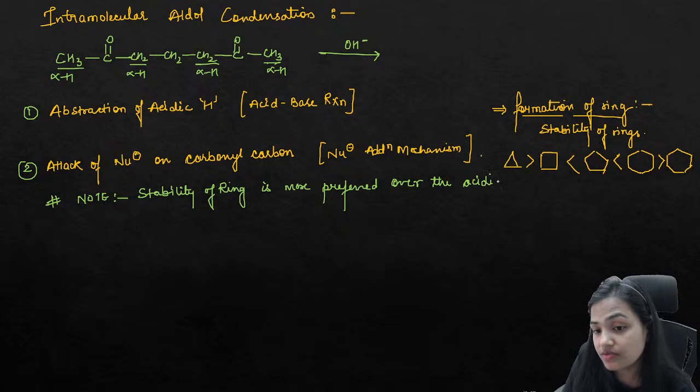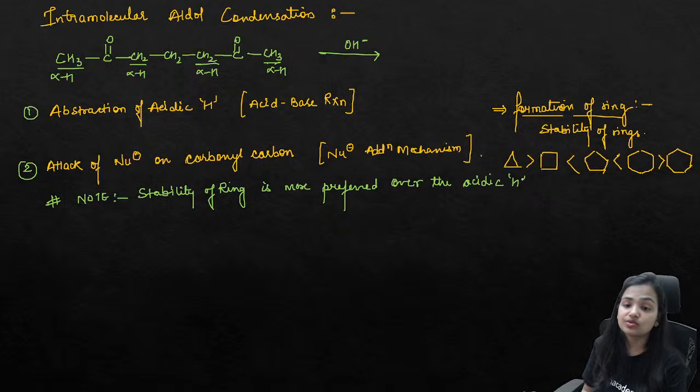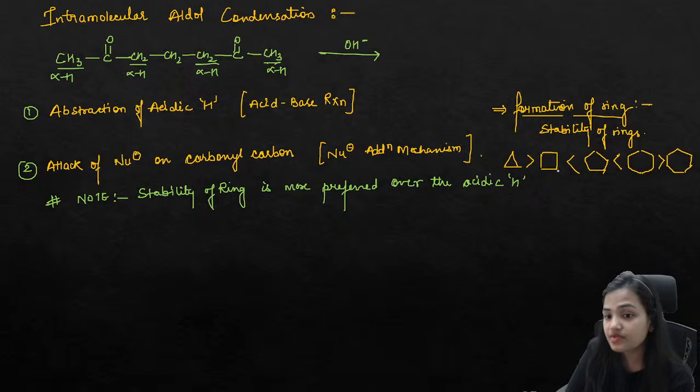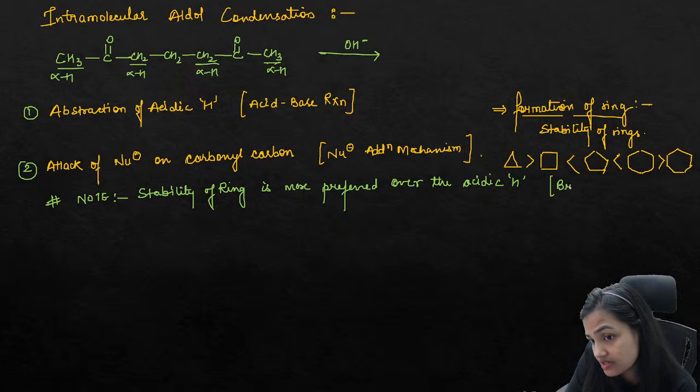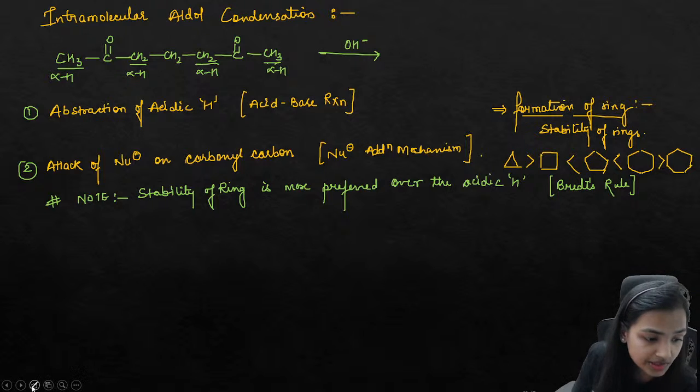That means rather than looking for the most acidic hydrogen, the stability of the ring is more preferred. This is as per Brett's rule, that whenever there is a formation of a ring, the stability of the ring is more preferred. So when you focus on all such points, then you will figure it out.